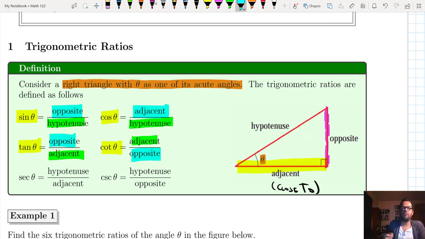Then secant and cosecant: secant is hypotenuse over adjacent.